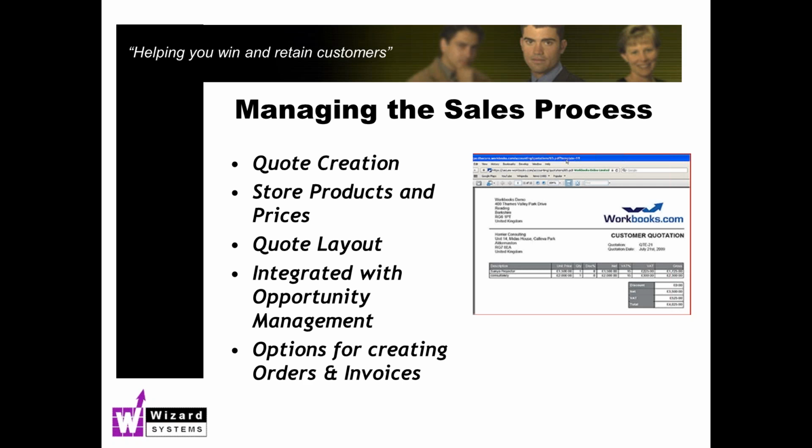Plus, we've got the option of converting the quote, so the customer orders from the quotation, we convert the quote without the need for retyping any information into a sales order or straight to an invoice. You can also do supplier purchase orders and create credit notes and record customer payments if you wish.